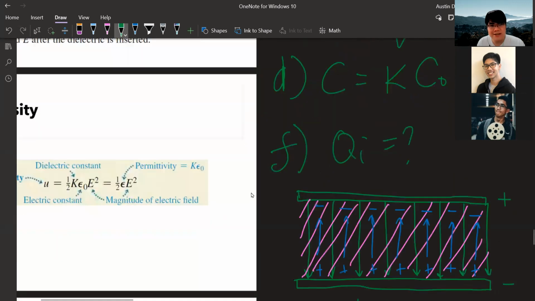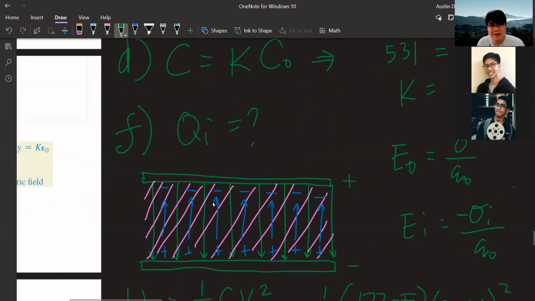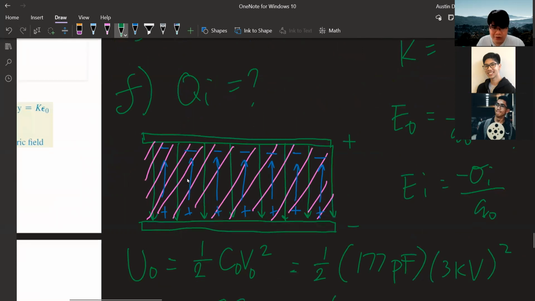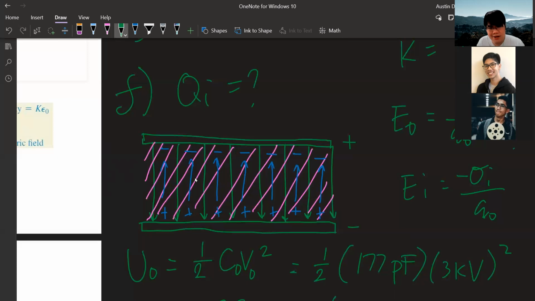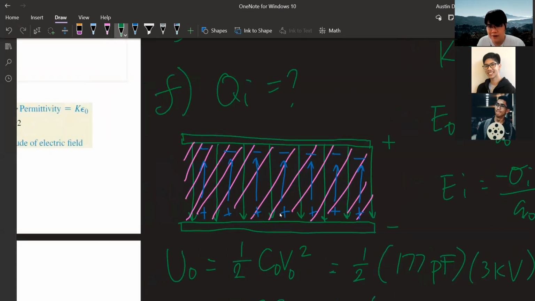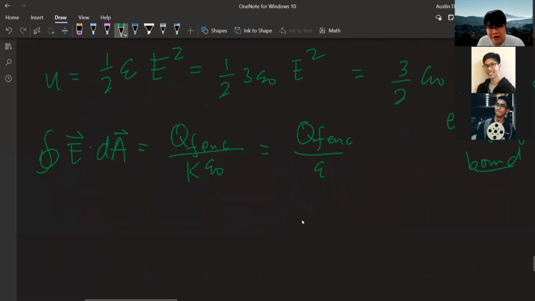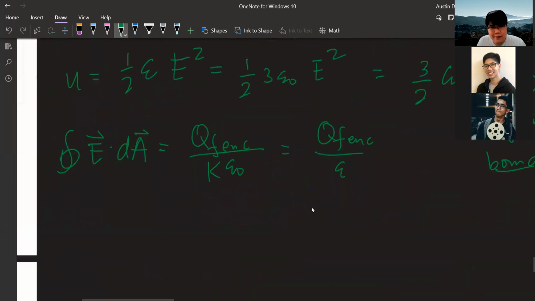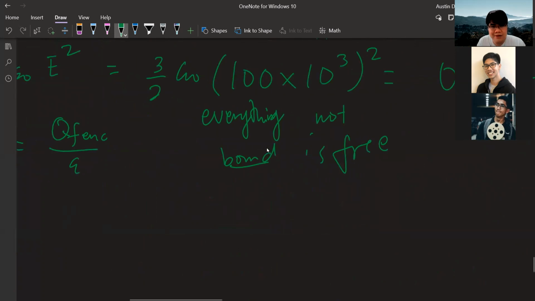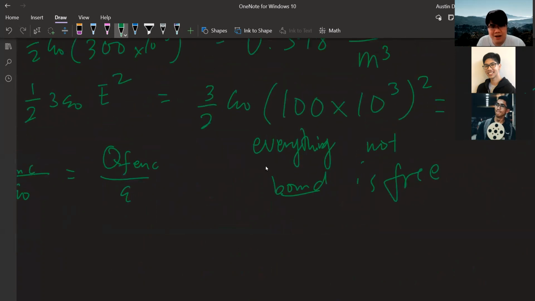So nagkakaroon kasi ng excess charge yung dielectric mo dahil nagre-rearrange nga yung molecules sa loob. So yung iba doon, yung positive mo, yung negative mo, they reside on the surface and those charges are bound. Okay? We don't add them to your calculation. Okay? So kapag puro dielectric lang tapos walang charge na naka-sprinkle somewhere, then there is no free charge.